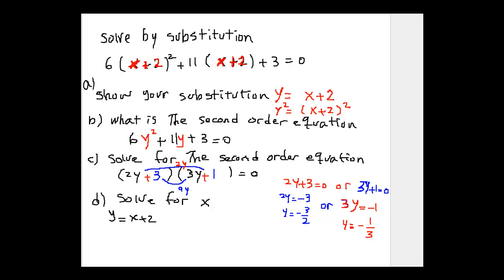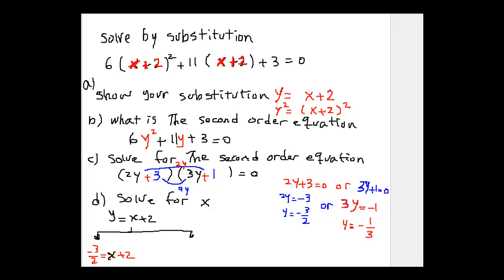Now, remember, we said y is equal to x plus 2, so we have two cases here to check. We're saying if y is equal to negative 3/2, what is x? So in this case, we can solve for x.